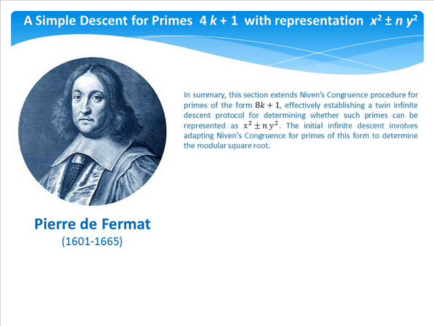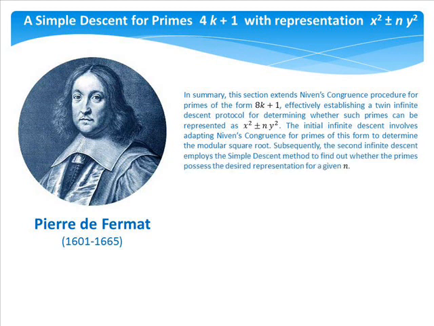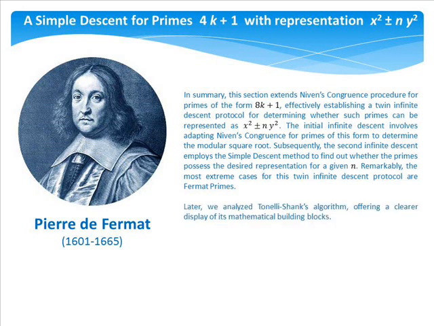The initial infinite descent involves adapting Nevin's congruence for primes of this form to determine the modular square root. The second infinite descent employs the simple descent method to find out whether the prime possesses the desired representation for a given n. The most extreme cases for this twin infinite descent protocol are Fermat primes.